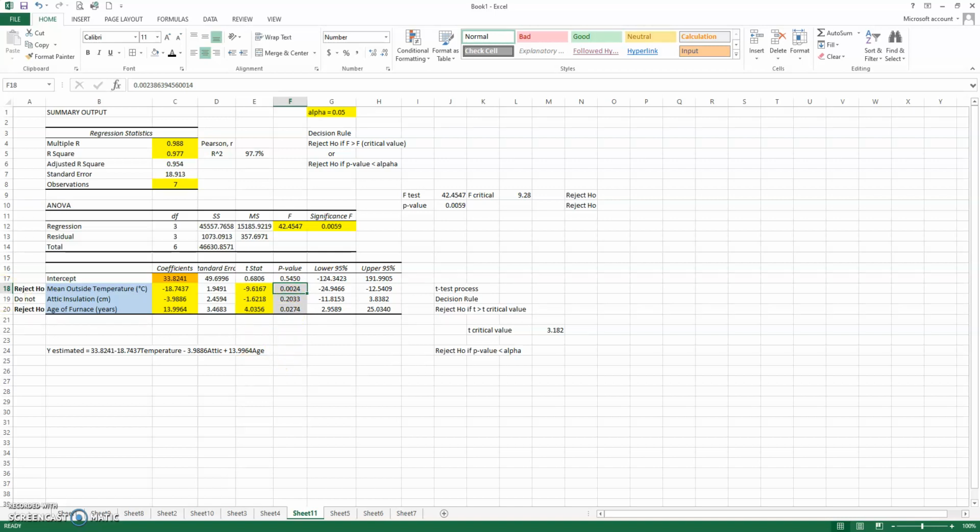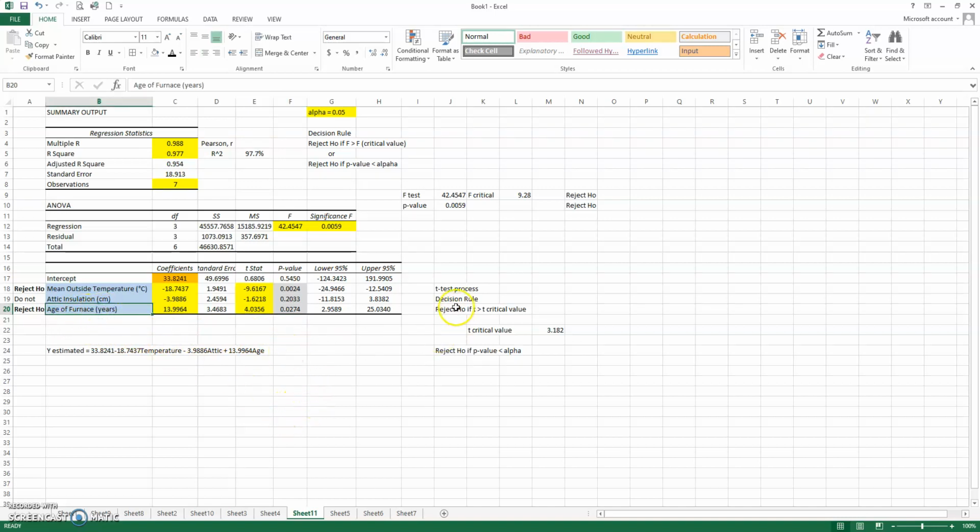It is less than alpha, so we reject the null hypotheses. The p-value for attic insulation is 0.2033. It is not less than alpha, so we cannot reject the null hypotheses. That's why we have do not. And 0.0274 is less than alpha, so once again we reject the null hypotheses for the age of the furnace.